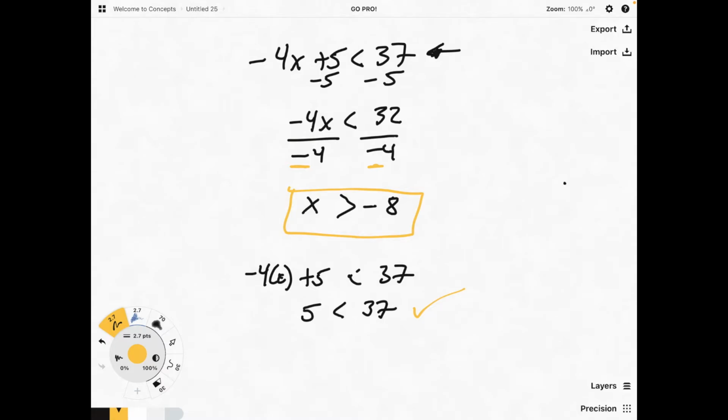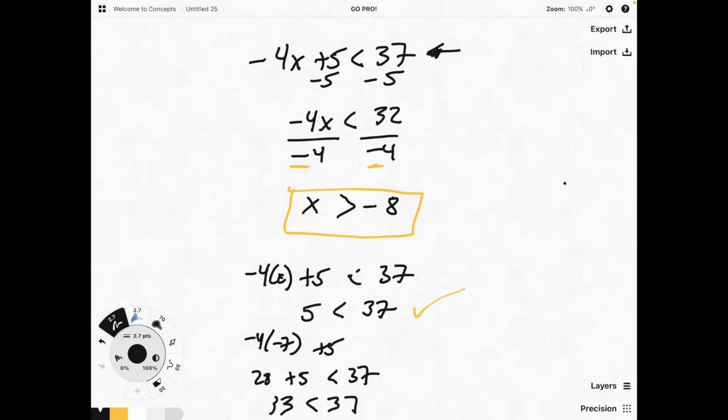Let's do negative 7. See if that works. Negative 4 multiplied by negative 7 plus 5, which is less than 37. 28 plus 5, which is 33, which is less than 37. That checks out as well.